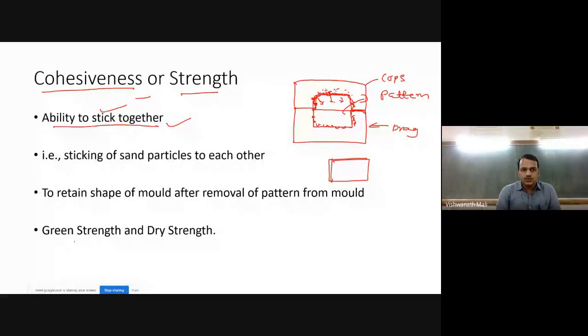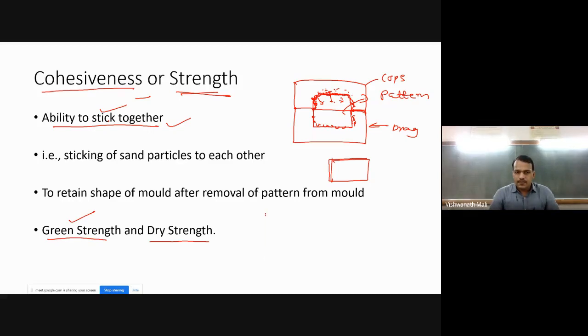Now, this cohesiveness property is also called the strength of that mold. So we have two types of strength, that is green strength and dry strength. So what is green strength? Now here we are using green sand. Green sand means it contains moisture, right?